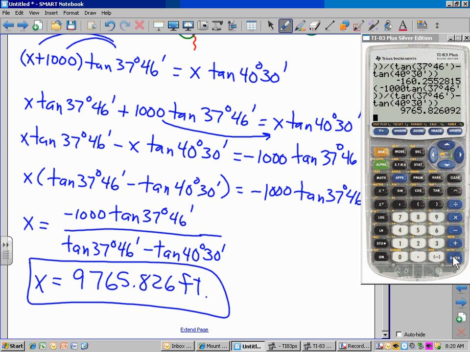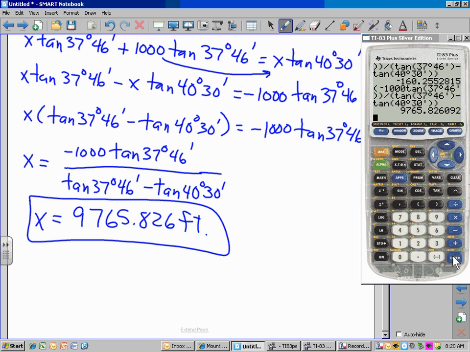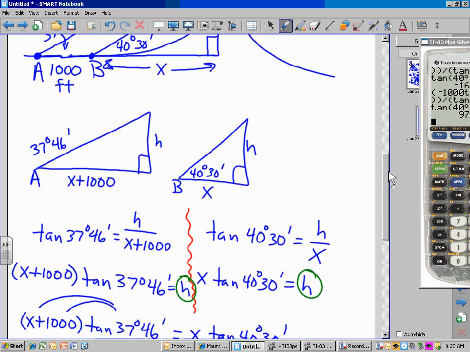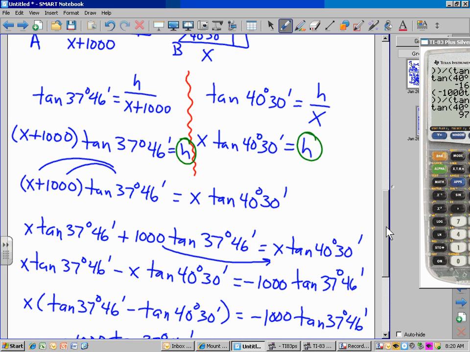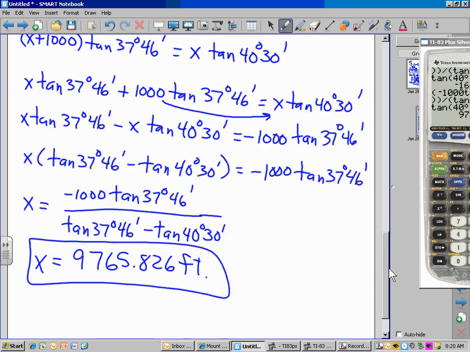What did we solve for? What do we want to know? Are we done? Let's finish it. We found x. What do we need? Right here, h. x tan of 40 degrees, 30 minutes equals h. So I'm going to put in 9765.826 times the tan of 40 degrees 30 minutes.